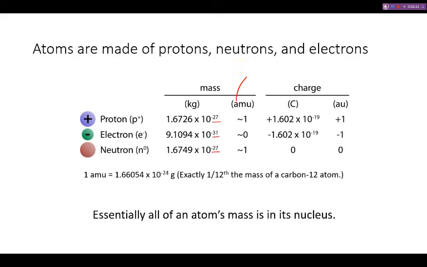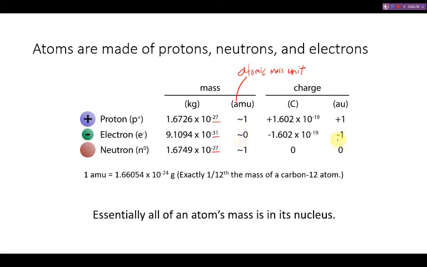This right here, AMU, stands for atomic mass unit. And when you look on the periodic table, those values that are given there are in units of AMU, atomic mass units. And since there's an order of magnitude difference of 4, so 10,000, we can essentially approximate the mass of an electron to be 0.